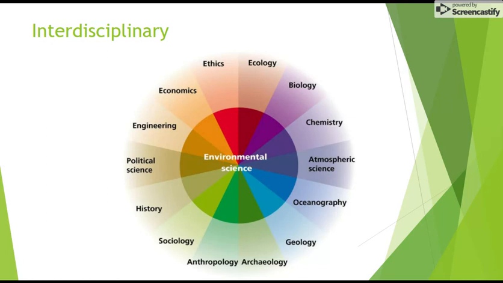We've got history, engineering, economics. Economics is going to be huge in this, as well as politics, because there are loads of solutions to environmental problems, but if they cut too deeply into profits, we are not going to see those solutions come to fruition. So we see a lot of that.